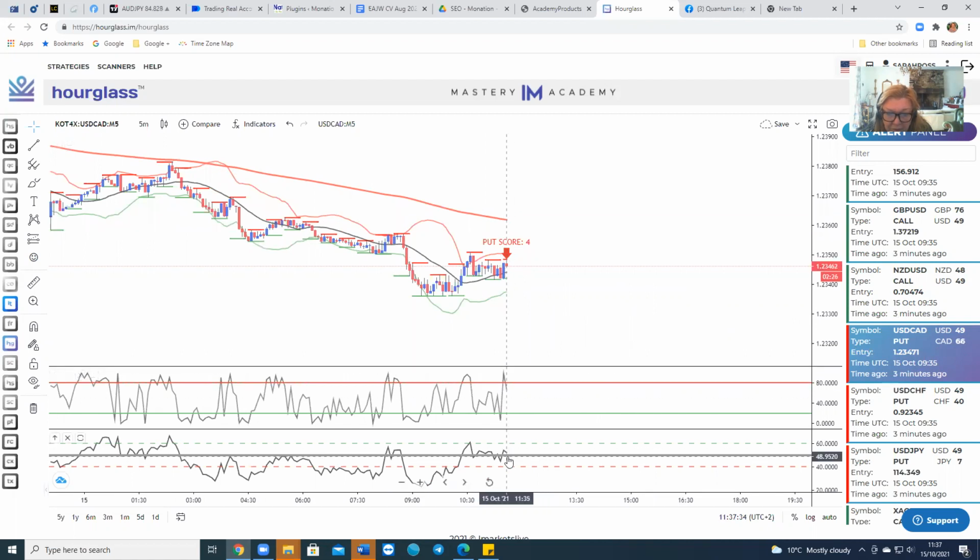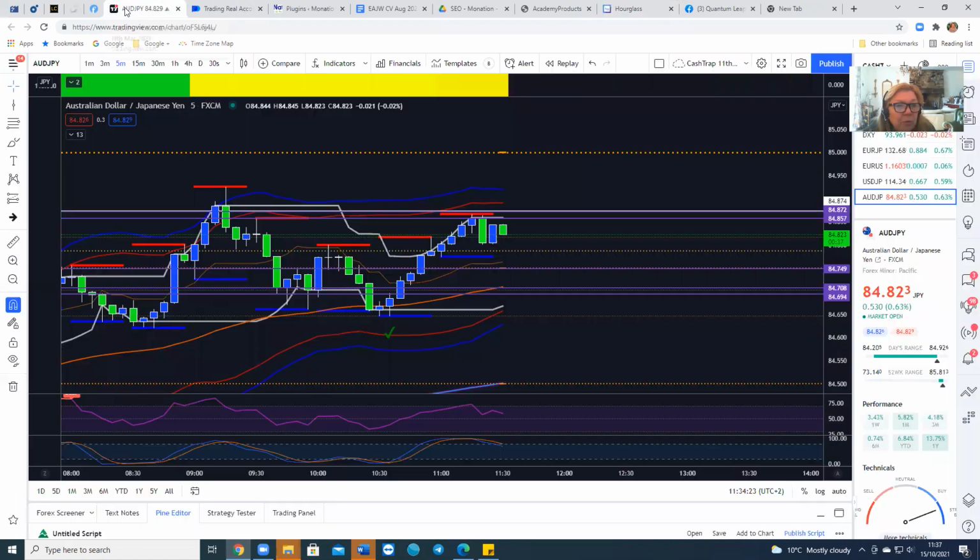I've got these lines in the right place. This is just relative strength pointing down. You really want it coming below that 50%. We've got the momentum in the move. We've got a nice move here and a put score of 4. So that was 2 minutes to go. Put at 471.